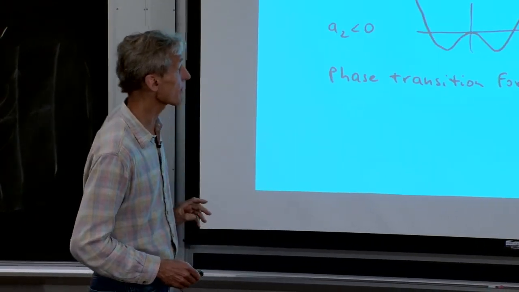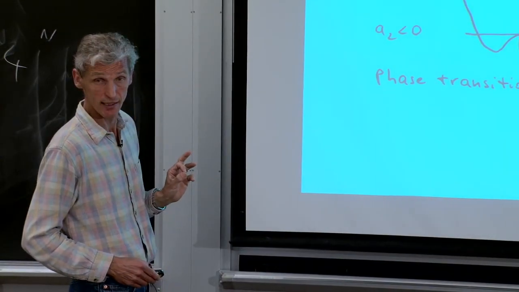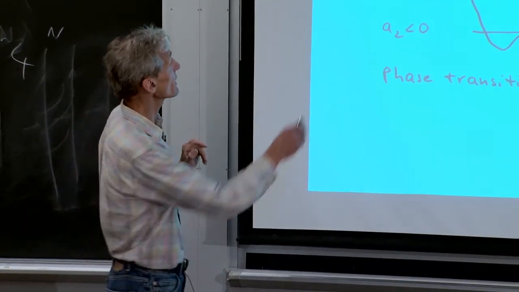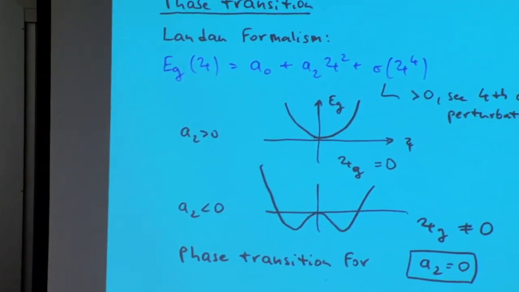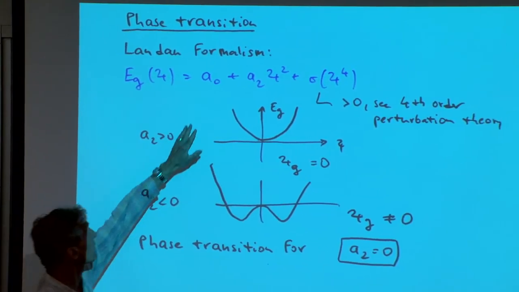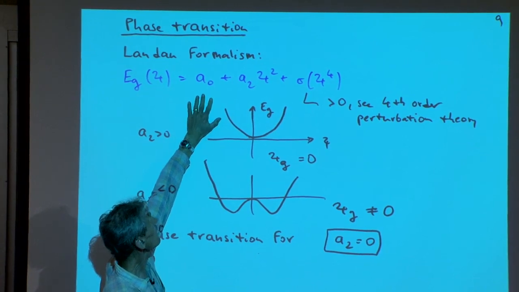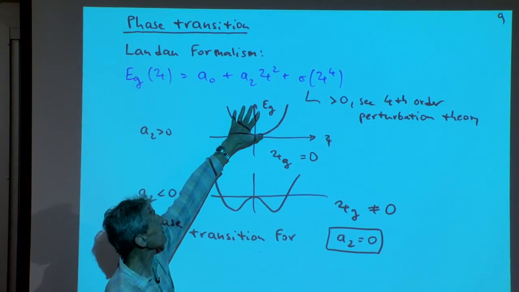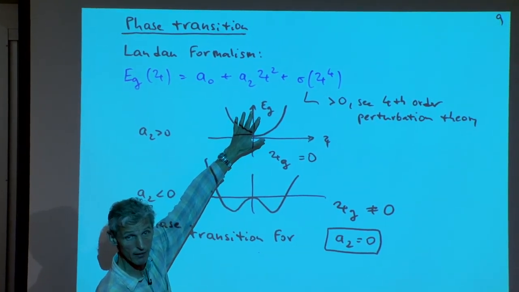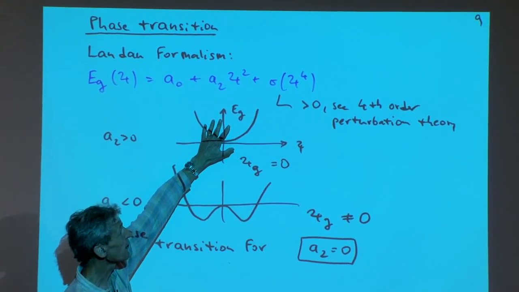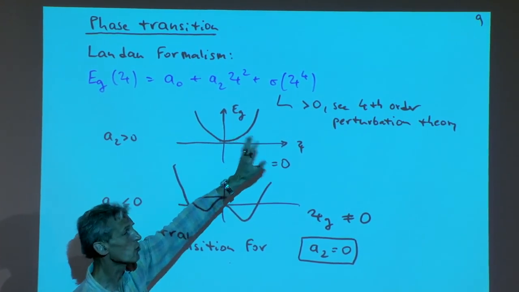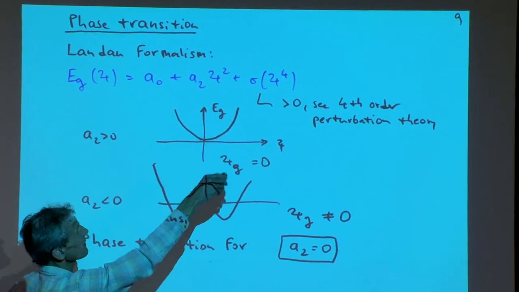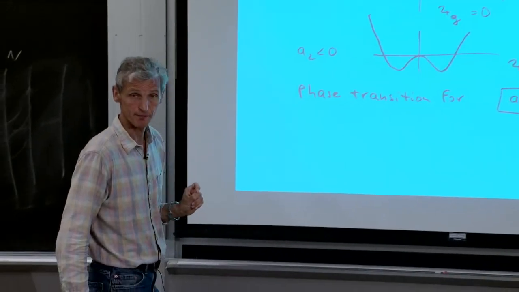And the two together can actually change their sign. So what we have right now is, if we describe the ground state as a function of psi, we have our unperturbed energy of the Mott insulating states, and then we have a term in psi squared. And we should, and we could, but we don't, calculate the next order in psi to the 4.